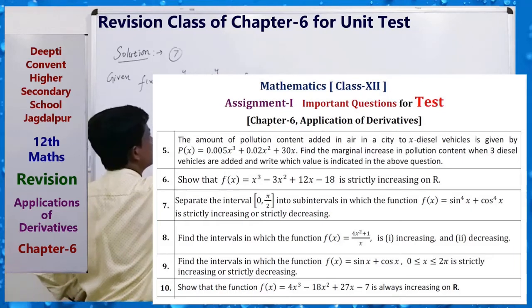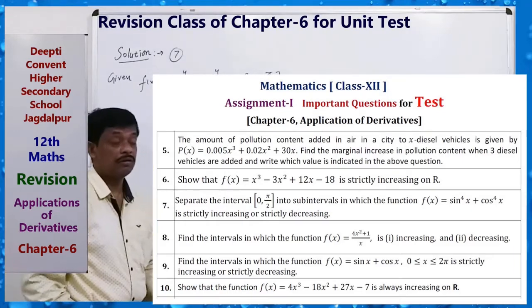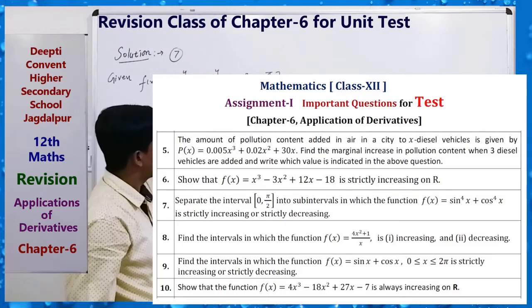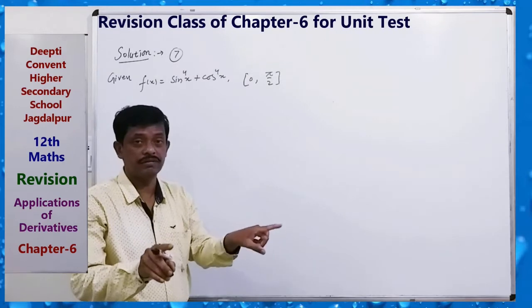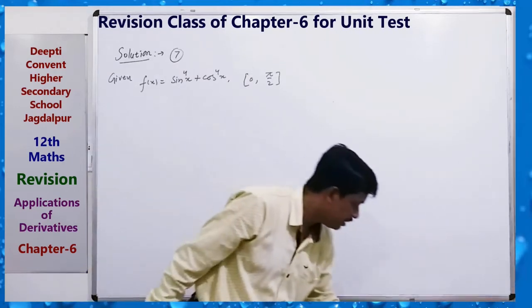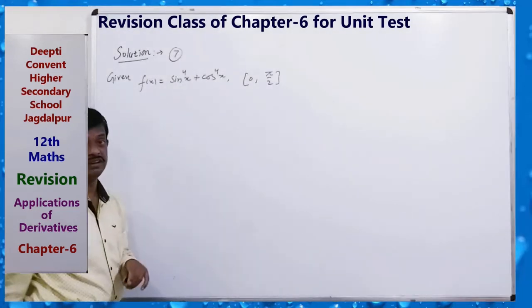Our interval is 0 to pi by 2. Break this interval into sub-intervals in which the function is strictly increasing or strictly decreasing. This is the separation of the interval.